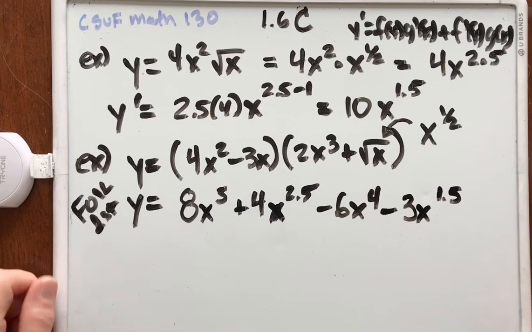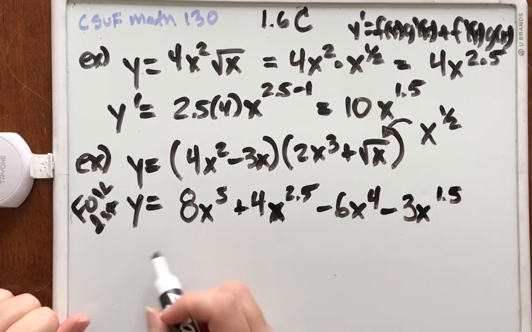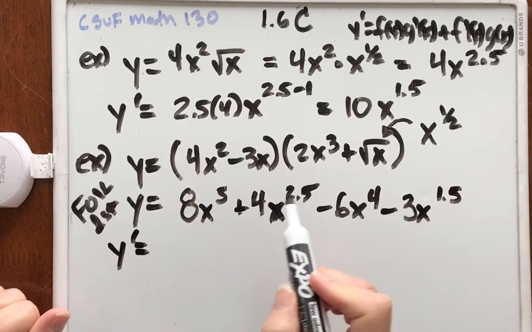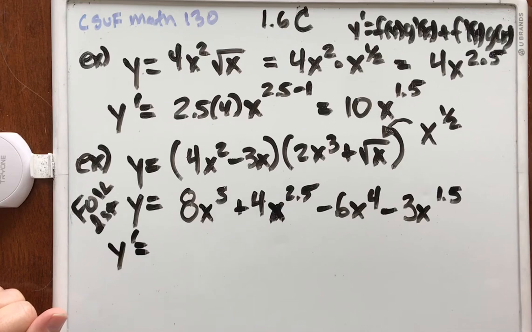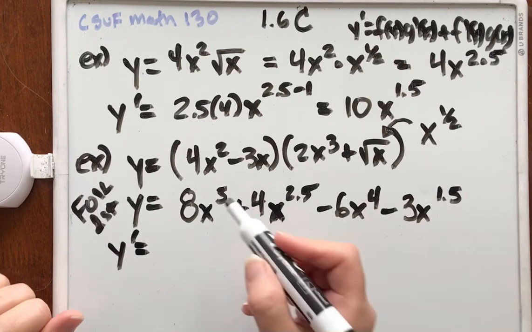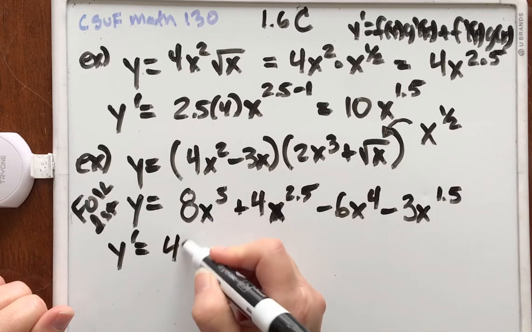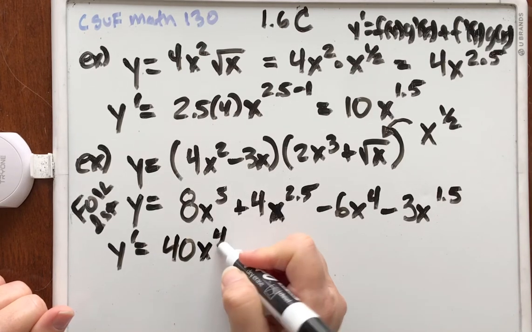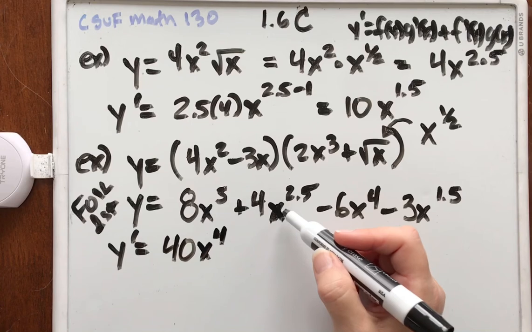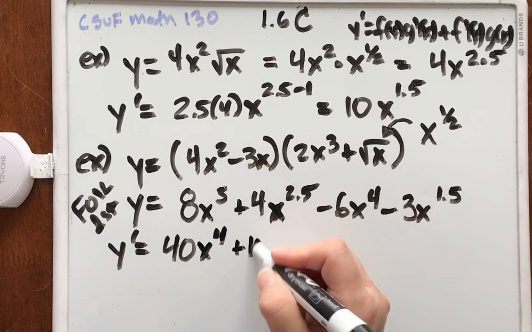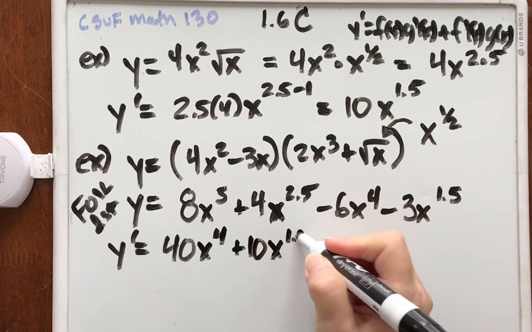Now, when we take the derivative, we can go ahead and take the derivative of each term. So that makes it easier in this case. So we take the derivative of 8x to the 5th, bring the 5 down, we have 40x to the 4th. 4x to the 2.5, 2.5 down, gives us 10x to the 1.5.